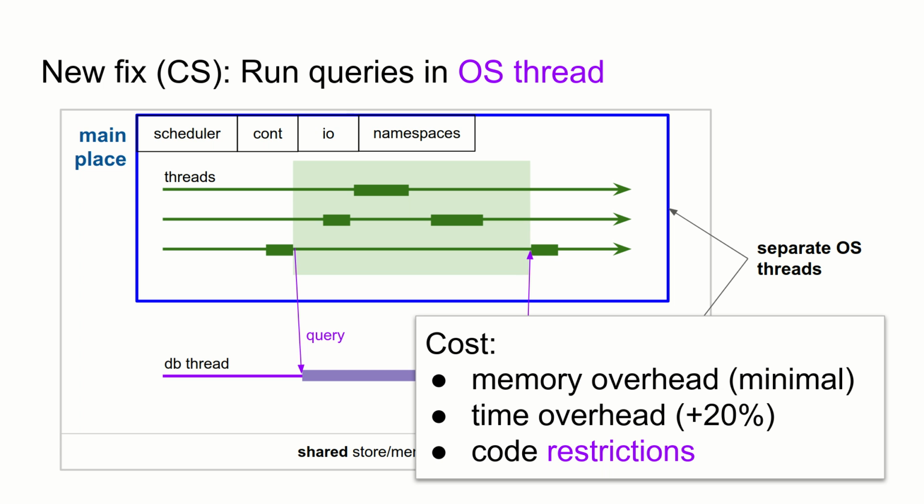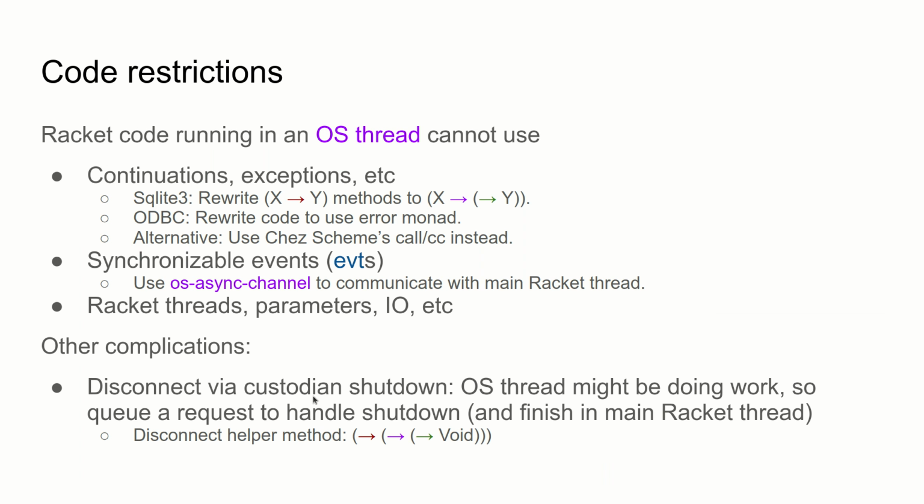On the other hand, since we're running this code outside of the Racket virtual machine, essentially, there are restrictions on the code that we're allowed to run in an OS thread. So let's talk about those restrictions. Racket code running in an OS thread cannot use continuations, including exceptions.